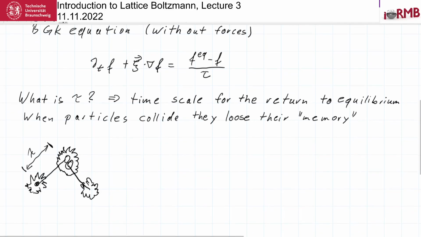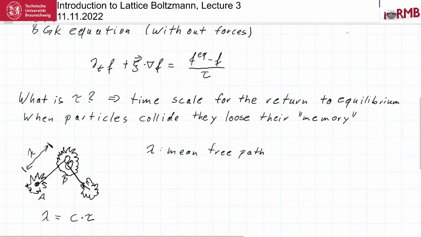Well, this distance lambda is equal to some velocity c times the time that it takes from flying from say A to B. So this lambda is what we call the mean free path.